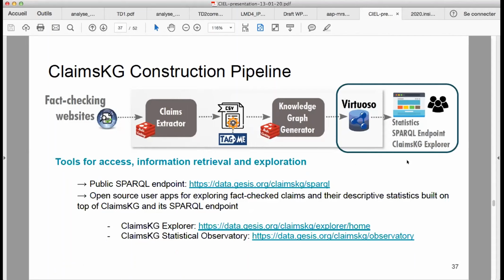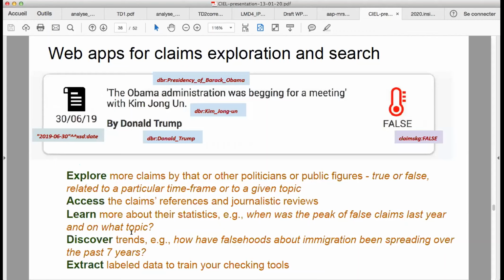What I would like to point your attention to is that, in addition to, of course, a SPARQL endpoint, where we can access our data, we also provide some user-friendly applications that are easily accessible to everyone. For example, the ClaimsKG Explorer or the ClaimsKG Statistical Observatory, which allow you to, for example, explore claims by politicians, filtering by keywords, by entities, by time periods, topics, and so on.